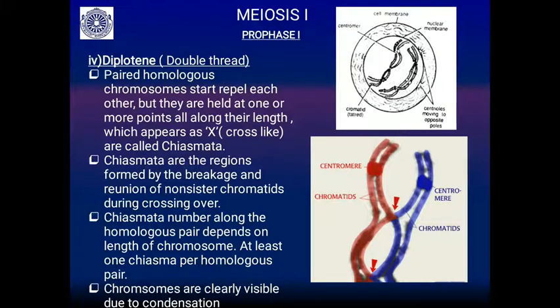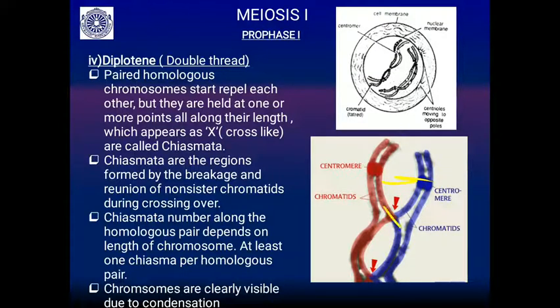Pachytene is followed by diplotene. After genetic exchange, the paired homologous chromosomes repel each other. Once the genetic recombination is over, the homologous pair separate. You will be able to see a significant gap occur. They separate after the genetic exchange, and are held only at one or more points along the length of the chromosome.